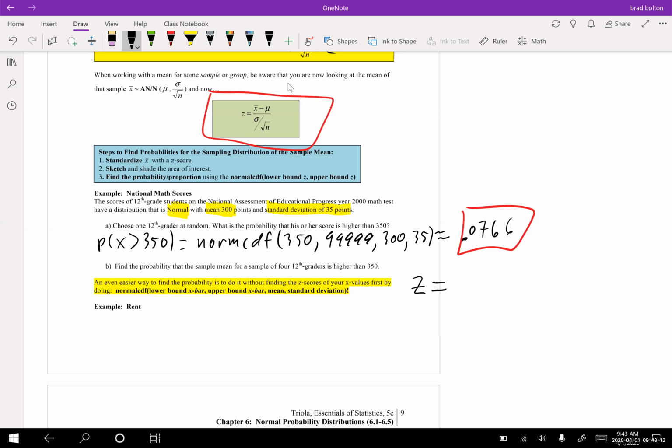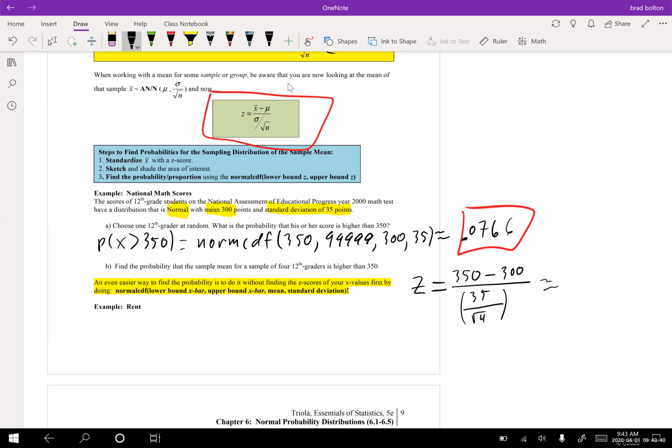So it says find the probability that the sample mean for a sample of 4 12th graders is higher than 350. So x bar means the mean of these 4 12th graders is 350, minus the mean, which is 300, divided by the standard deviation, which is 35. But here's the catch. It's 35 divided by the square root of 4, because there's 4 12th graders, right?